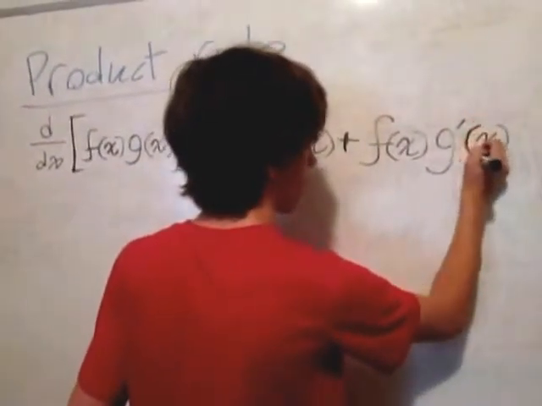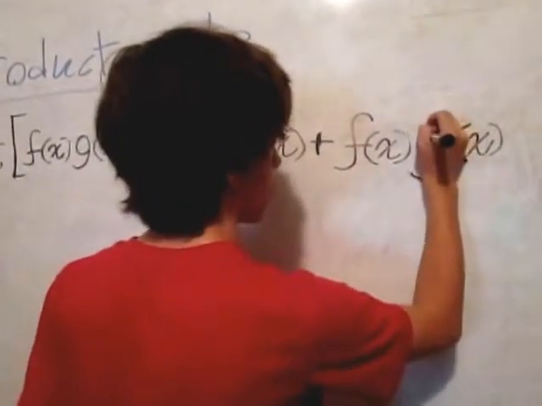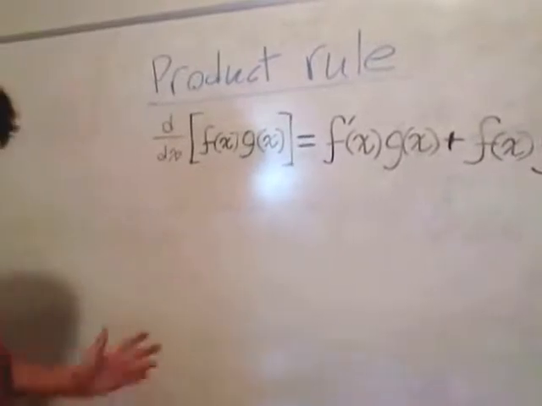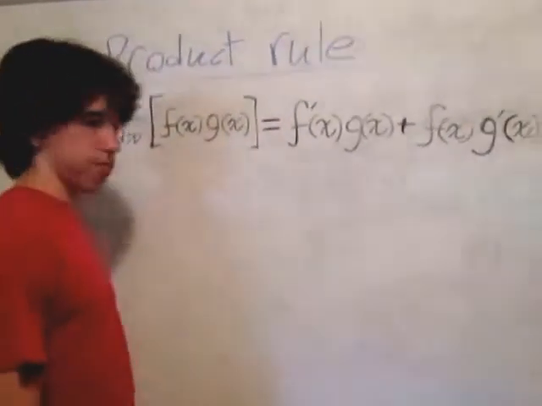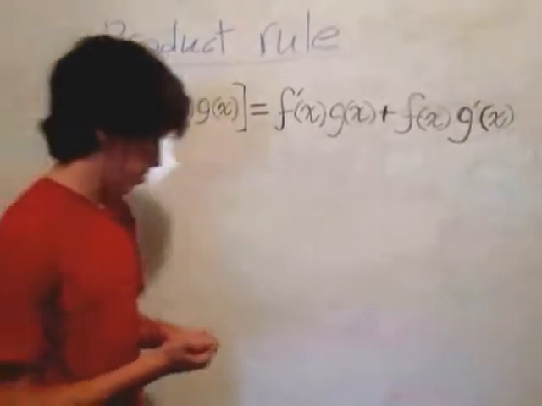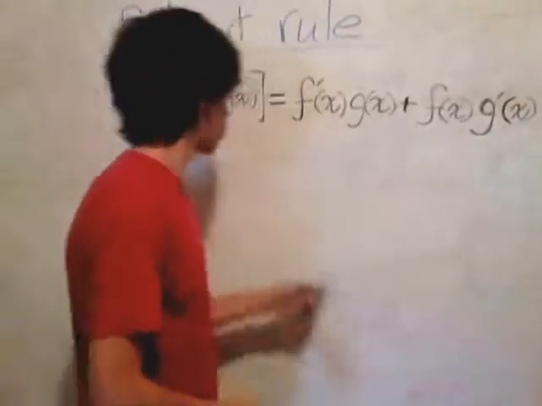And the marker is starting to wear out, so I might switch again. Alright, now this is all fine, but we need an example, right? So I'm going to leave that there actually, so that we can look back on it.